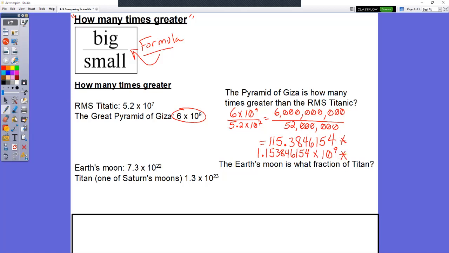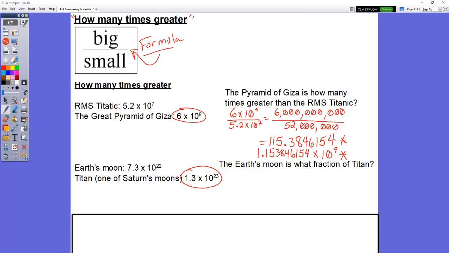And the next example, the Earth's moon versus Titan, one of Saturn's moons. We know that Titan was the bigger number. Now, for the sake of space, I'm not going to write it out in scientific notation with 23 zeros divided by 22 zeros.